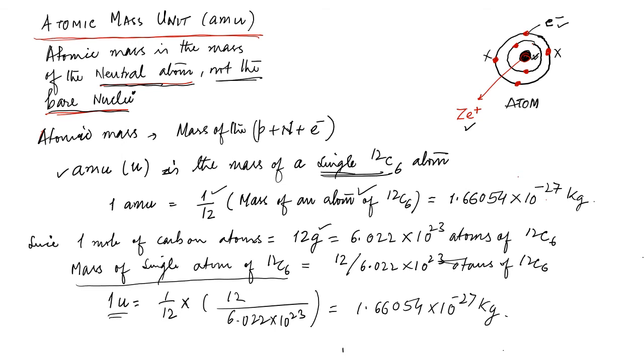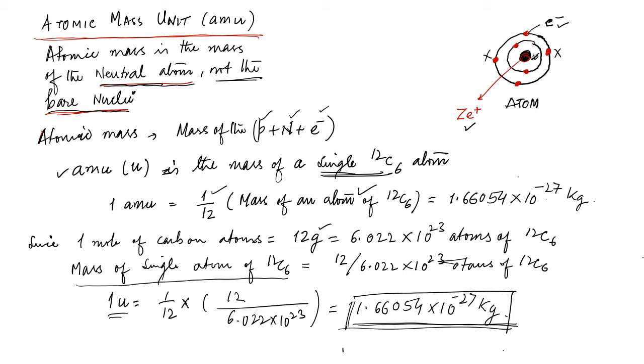So one atomic mass unit is 1.66 into 10 to the power minus 27 kilogram. So atomic mass unit is the unit in which we measure the atomic mass, and the atomic mass is basically the mass of the protons plus neutrons plus electrons.